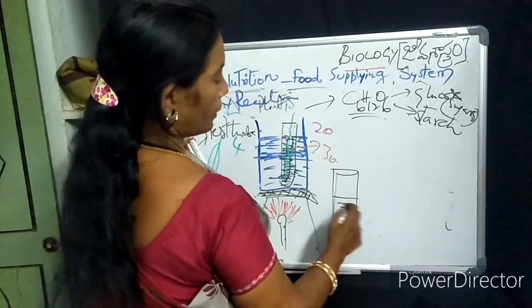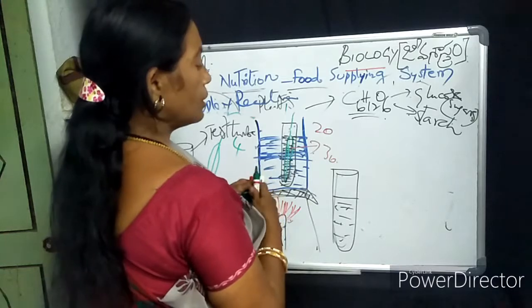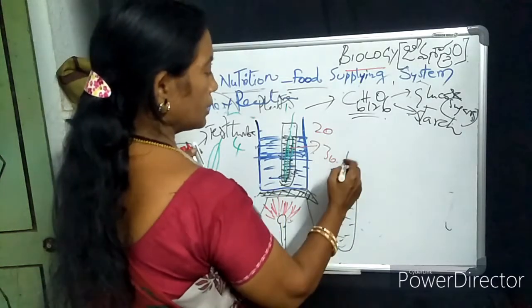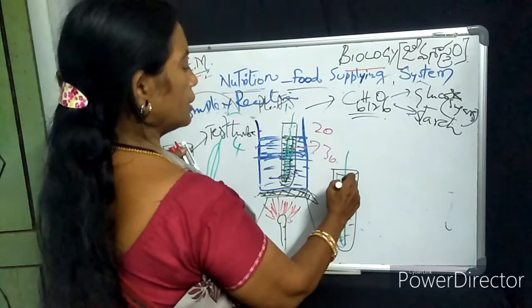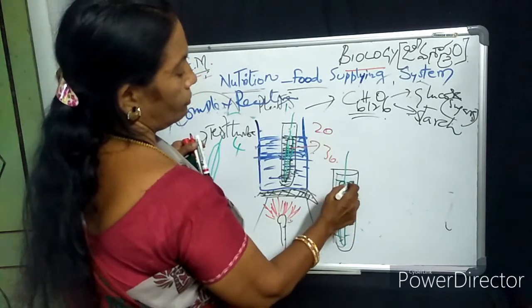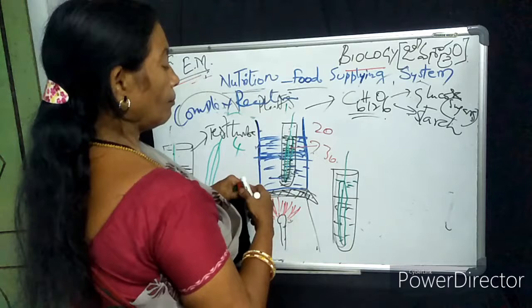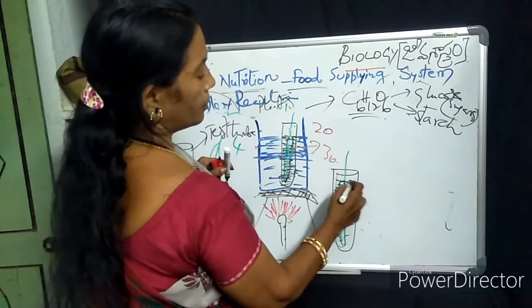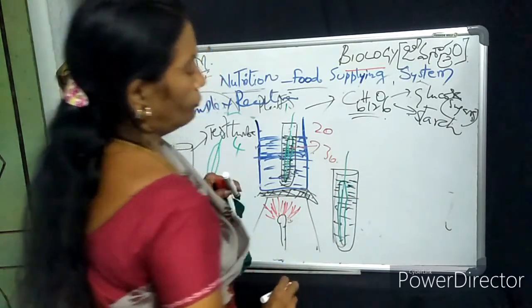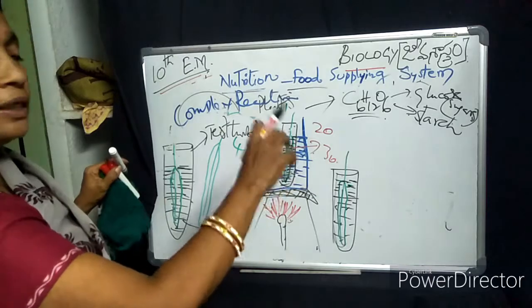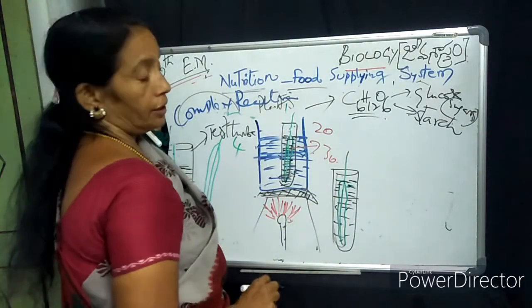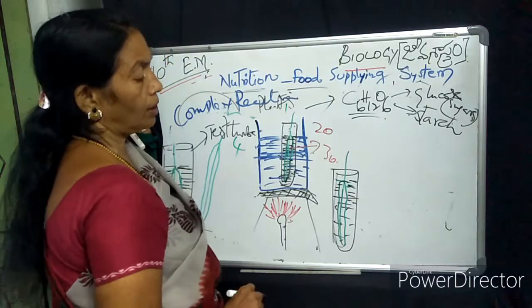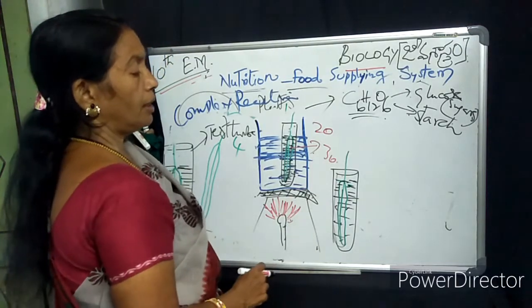The methylated spirit is there, and the leaf also is there. The leaf should be fully drenched in the methylated spirit, not half or a little bit.